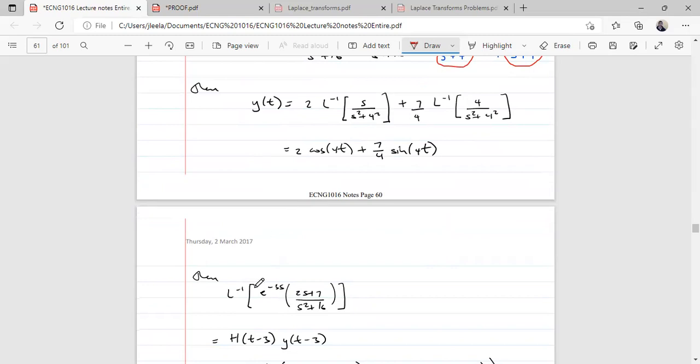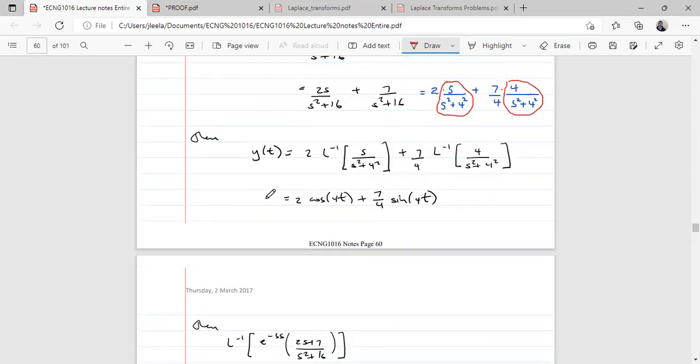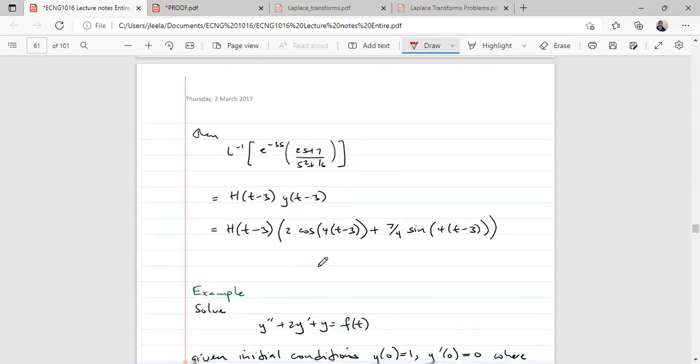But remember, your Laplace inverse of e to the minus 3s times 2s plus 7 over s squared plus 16 would be your Heaviside at t minus t naught, and your t naught is 3, times your y at t minus t naught, which is 3. This is y(t), right? So in order for this to be y(t minus 3), you have to apply a shift wherever you're seeing your t's here, right?